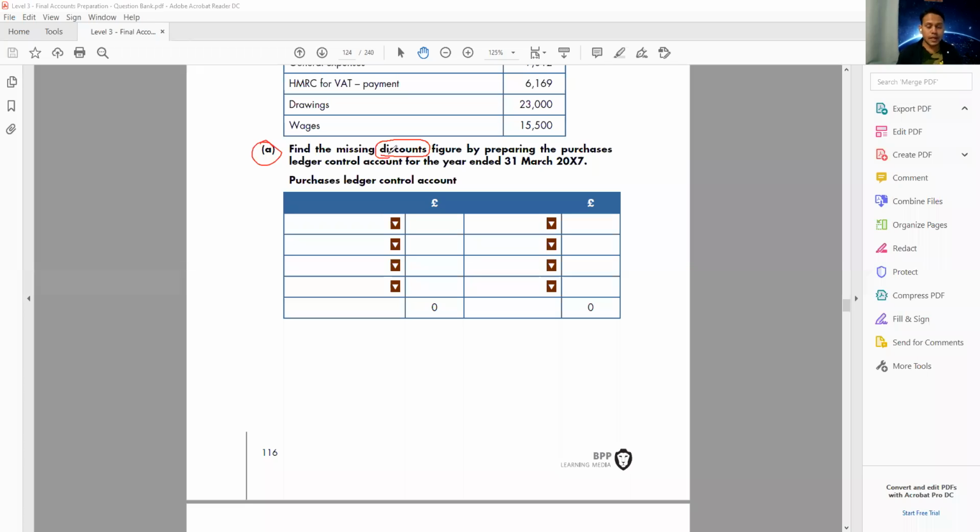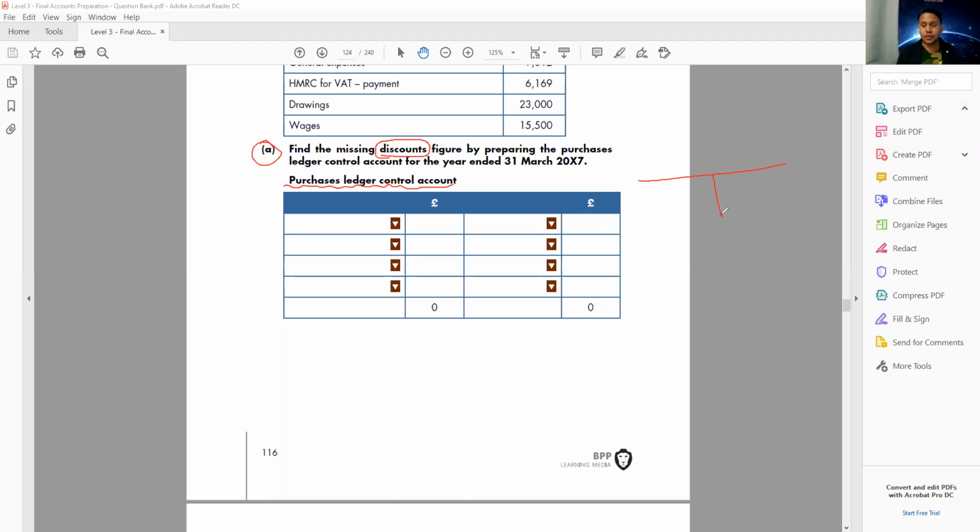Now, we need to know the template for the purchase ledger control account. I'm sure all of you know this one. If you remember your T account, purchase ledger control is a supplier account. It's a credit supplier balance. That means we purchased something from the supplier but did not make the payment yet. We have to make the payment.